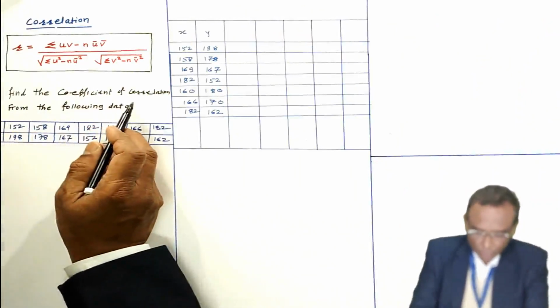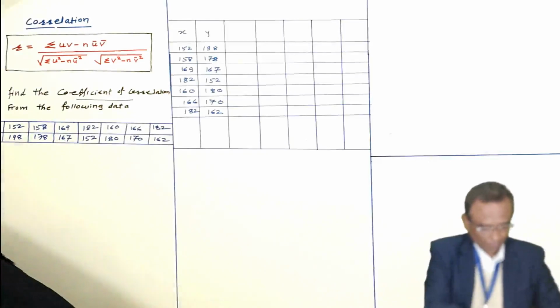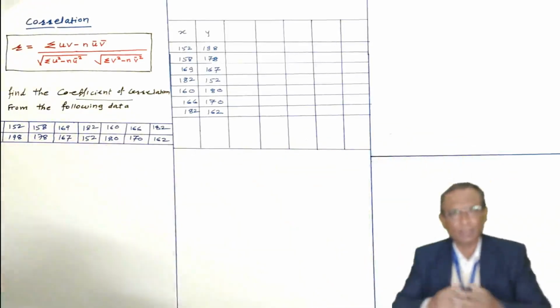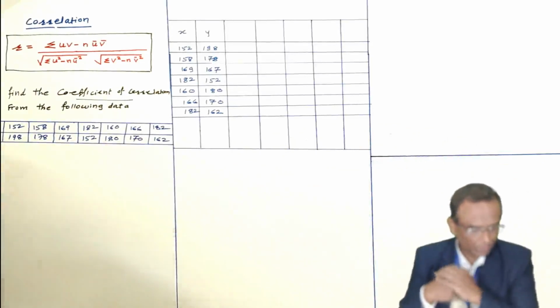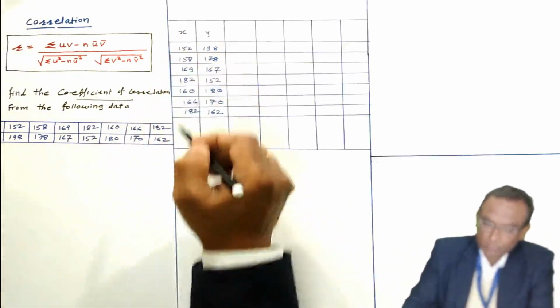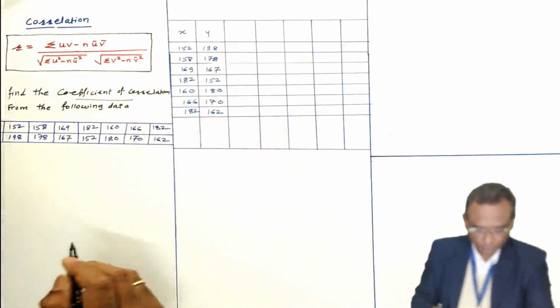Find the coefficient of correlation, that is r, from the following data. This data you can relate with any variables or any real life problems. This x and y are given. Now what am I going to do?